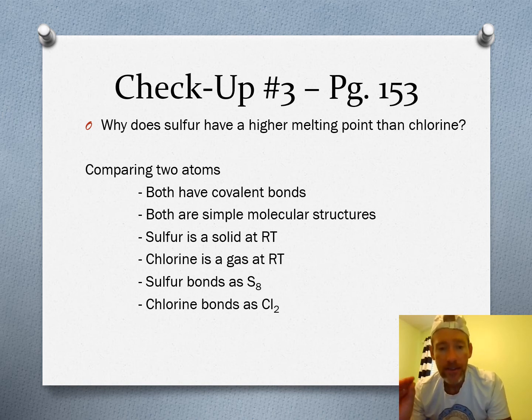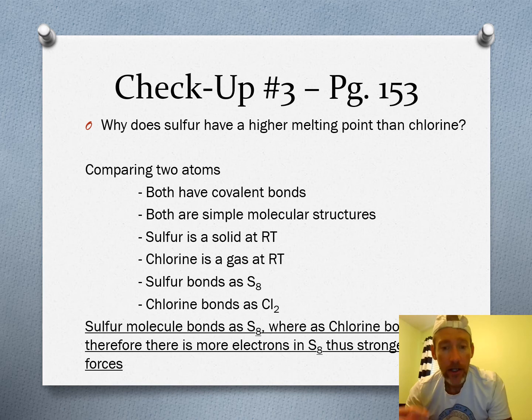So knowing that sulfur is S8 and chlorine is Cl2, sulfur is going to have higher van der Waals forces, more electrons. More electrons means more van der Waals forces, which causes a stronger hold onto its molecules, which means it's going to have a higher melting point. So more electrons, stronger van der Waals forces, higher melting point.